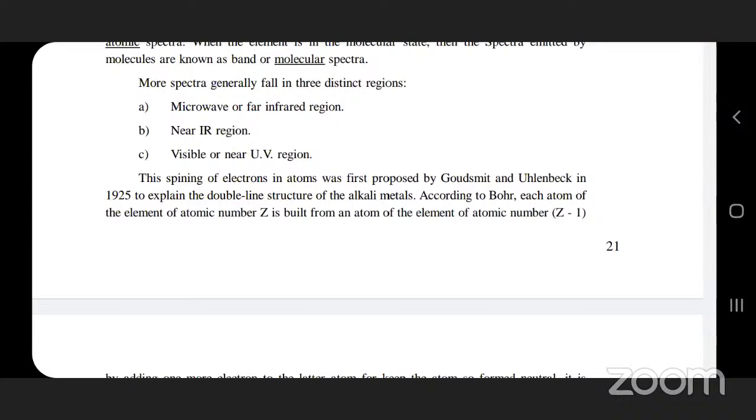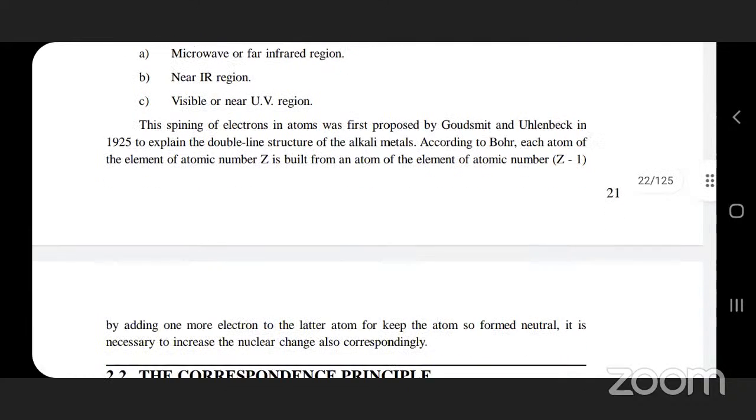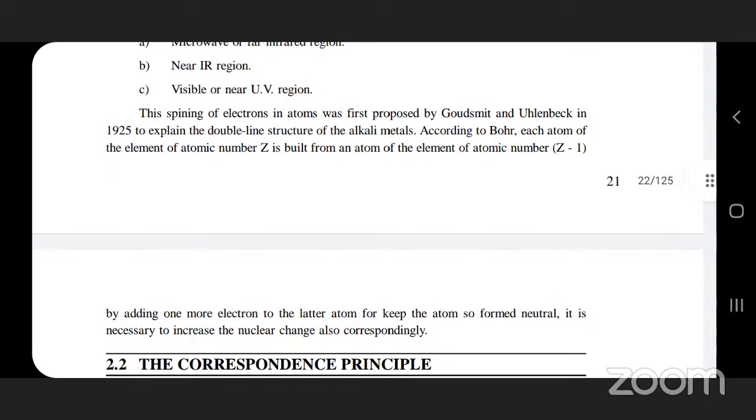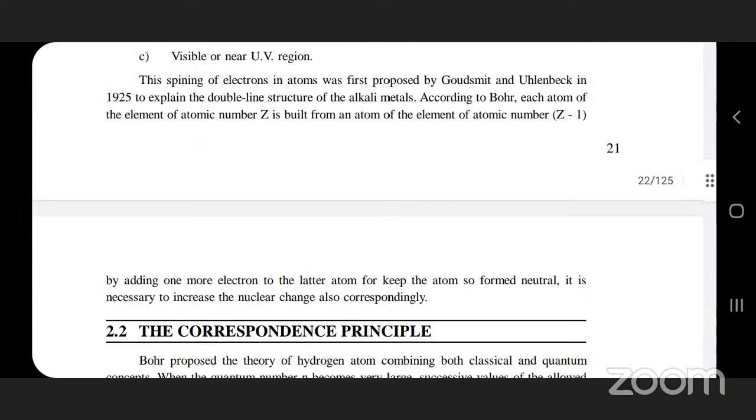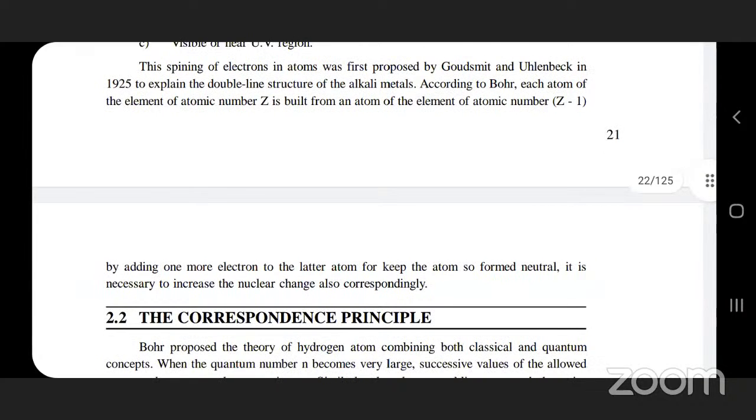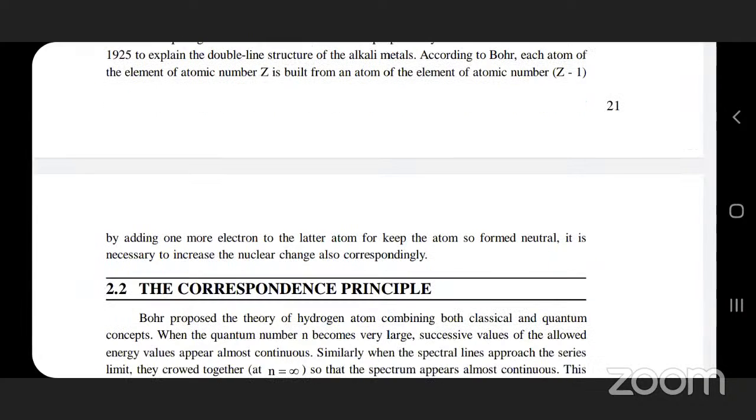According to this, each atom of an element of atomic number Z is built from the atom of the element of atomic number Z minus 1 by adding one more electron to the latter atom. To keep the atom so formed neutral, it is also necessary to increase the nuclear charge correspondingly.